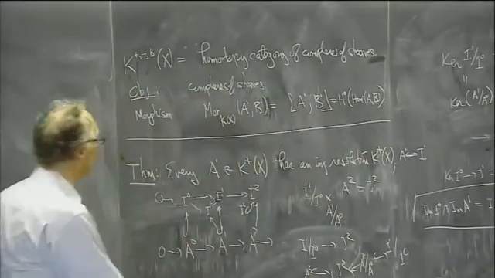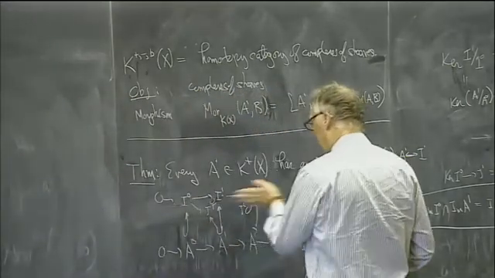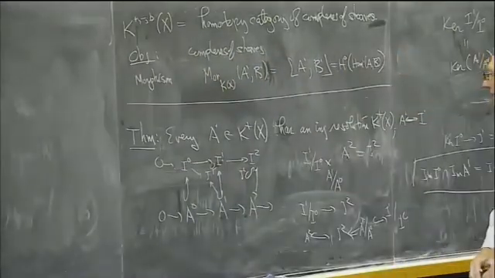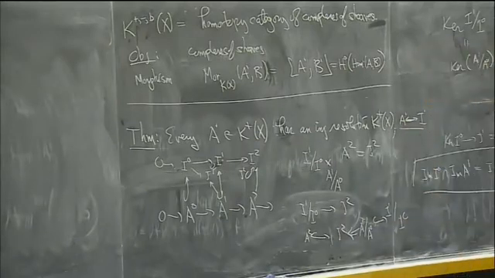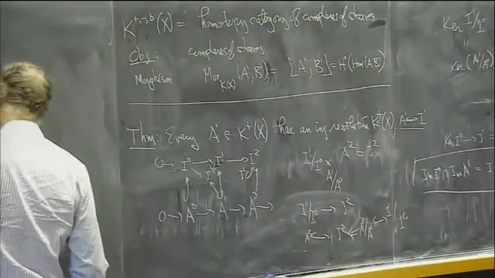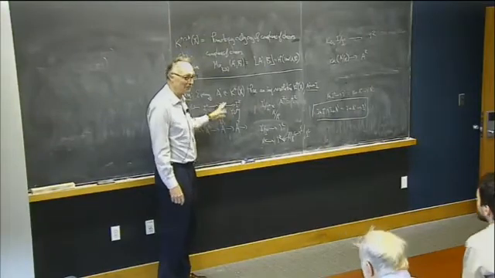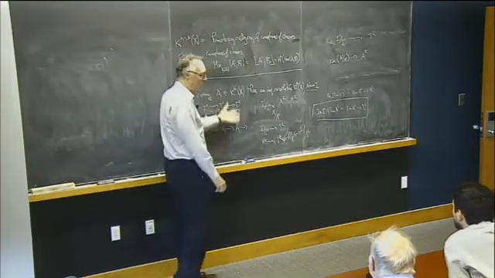The argument just pushes forward. These are, of course, by construction, all injective. So that's the proof that every A has an injective resolution. Any questions about that? I mean, this is very similar to the arguments I was giving you last time. I mean, we see this over and over and over again.